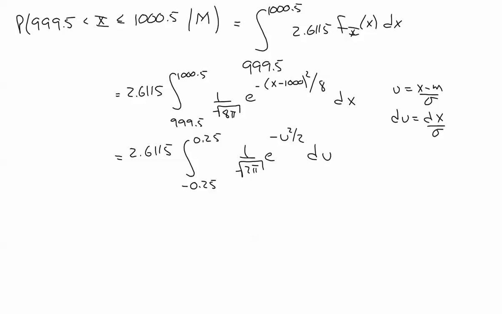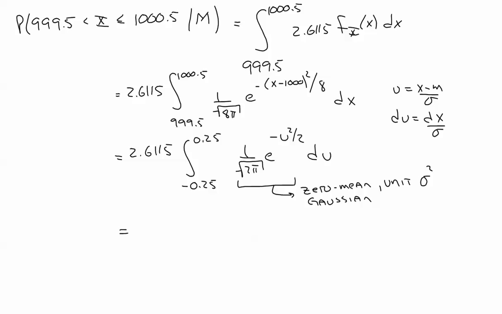You'll notice now that my integrand is a zero mean, unit variance Gaussian. So I can use the Q function to evaluate it.